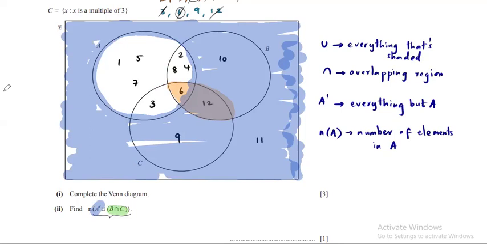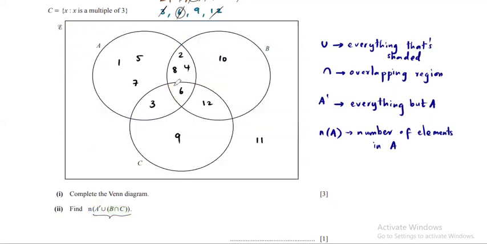Which means our final answer will be every portion except this portion that has this 3, 1, 5, 7, 2, 8, 4. Which means if I'm to shade, the final answer will look like this. So we will have this region, every other region apart from this.